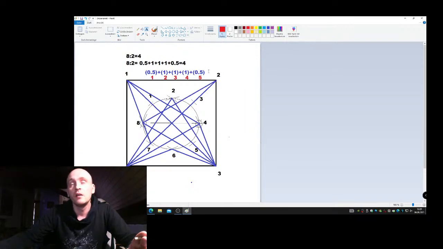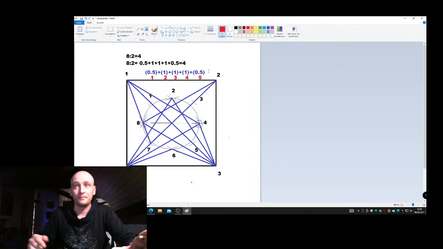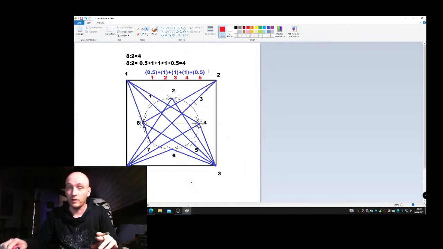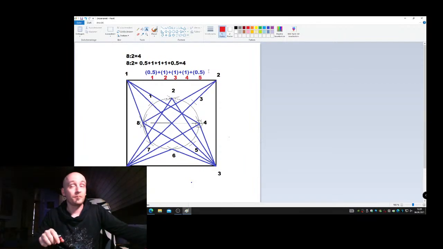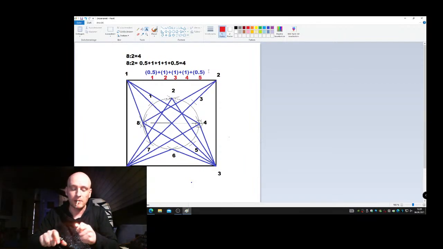It's not 8 divided by 2 is 4, it's 8 divided by 2 is 0.5 plus 1 plus 1 plus 1 plus 0.5, which is 4. Right, so this is not difficult to understand, but nobody thinks about this.